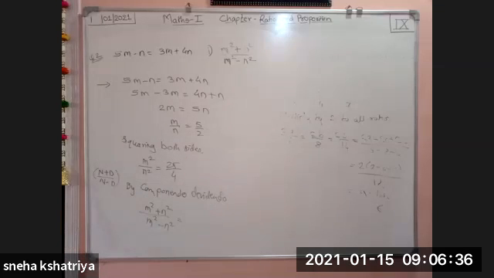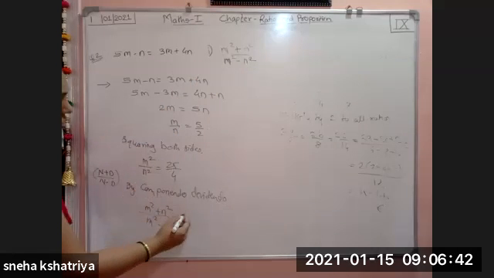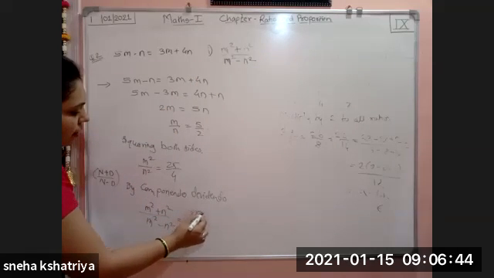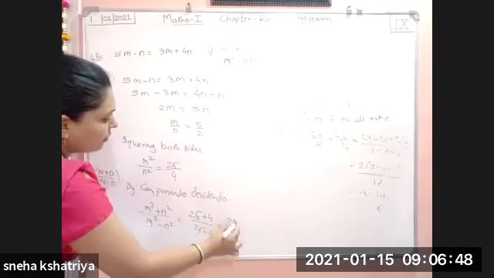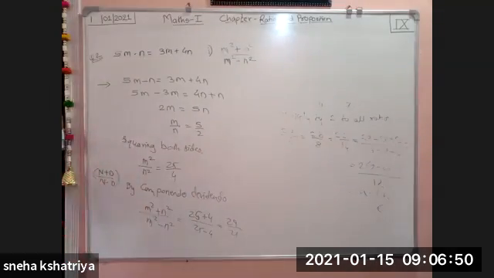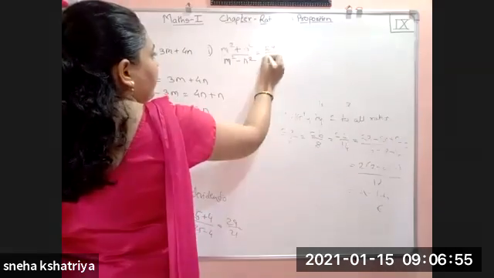Numerator plus denominator divided by numerator minus denominator. So here we will get our required proof. And it is 25 plus 4 divided by 25 minus 4. It will become 29 upon 21. So the value of m square plus n square divided by m square minus n square is equal to 29 upon 21.